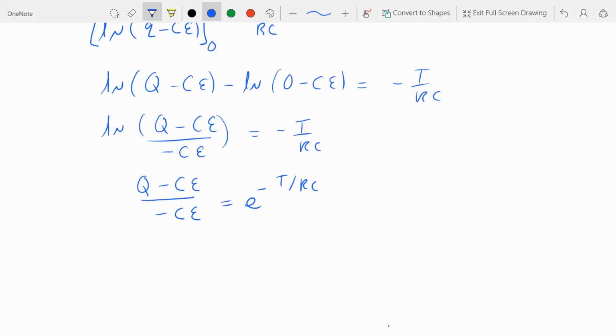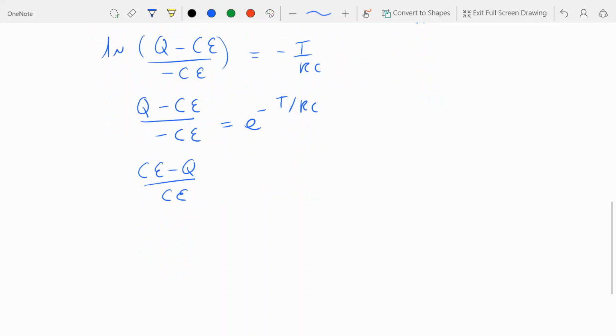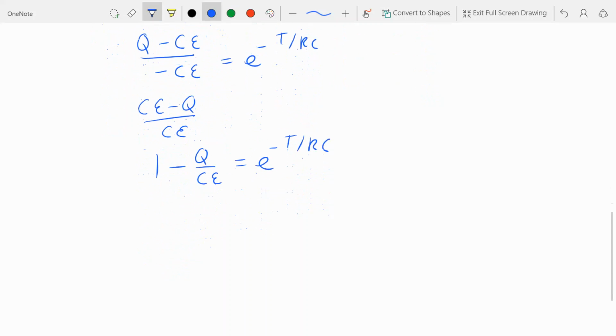Now for convenience, I like to bring the negative sign to the top, meaning (CE minus Q) over CE, which is the same as 1 minus Q over CE equals e to the negative t over RC. And we want to get Q by itself, so I'm going to bring the e stuff over. This winds up being 1 minus e to the negative t over RC. It's really starting to look like that stuff at the top. And on the right here is Q over CE.